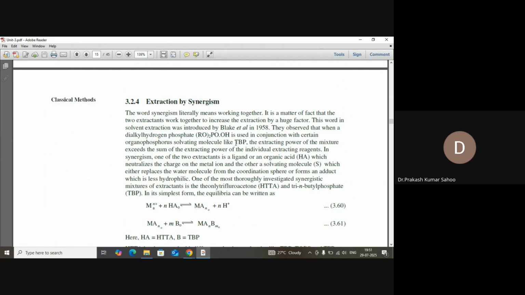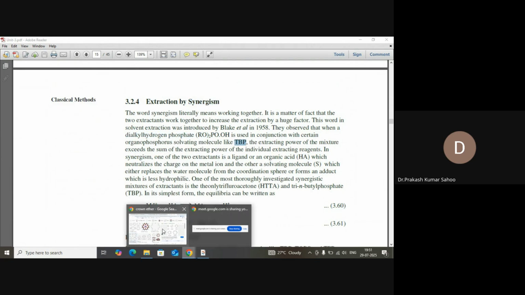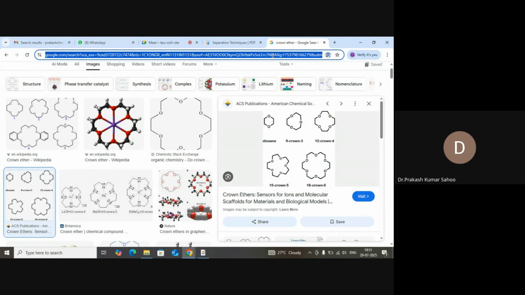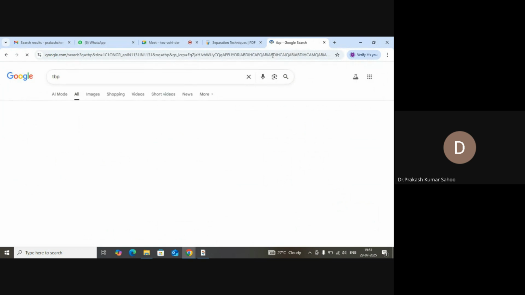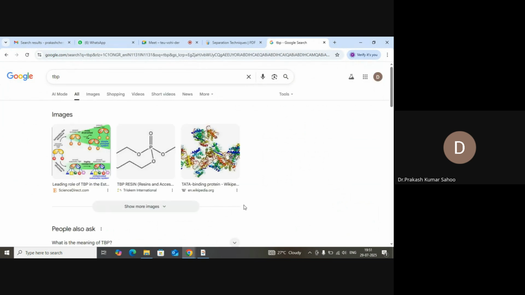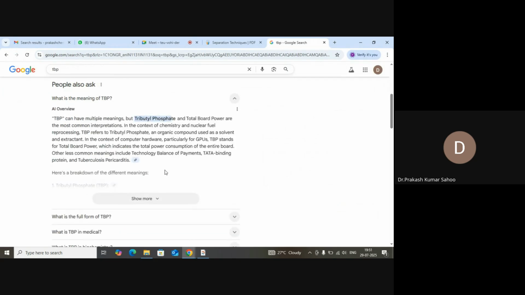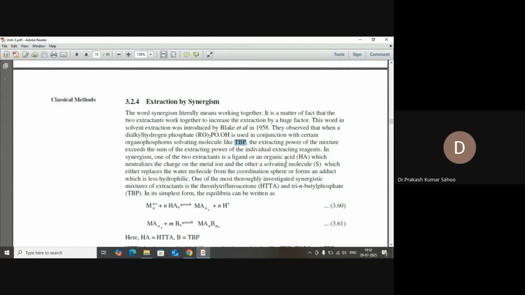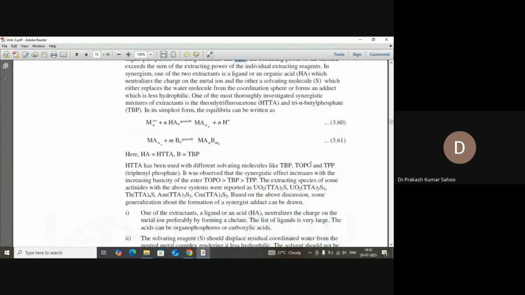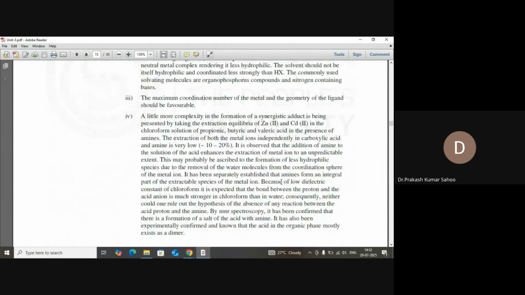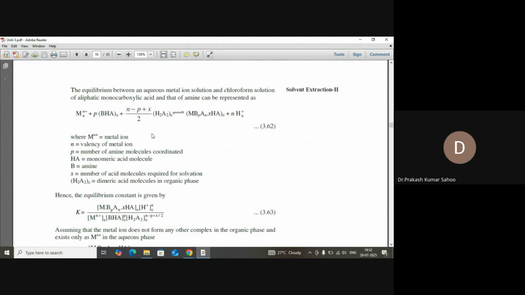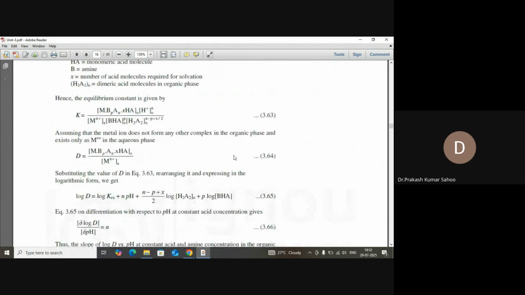This is one, and the other one is TBP, tributyl phosphate, which is used as the second extractant, and accordingly your solvent is extracted. Okay, and the reaction is carried out. There are two extractants here.